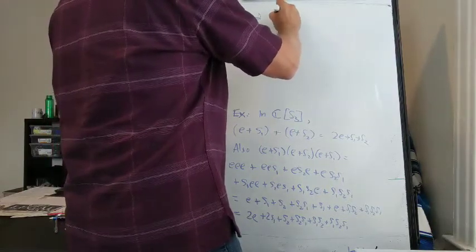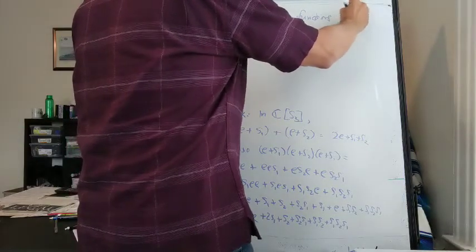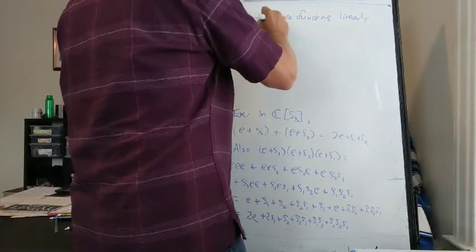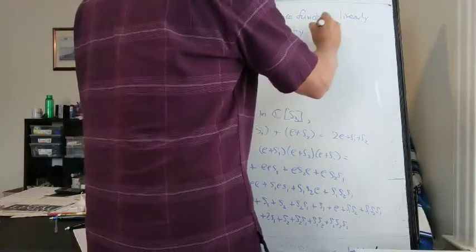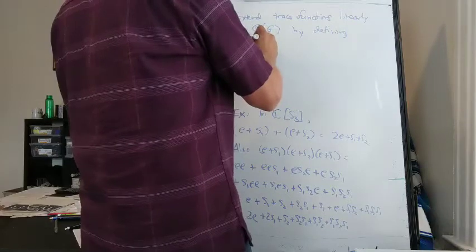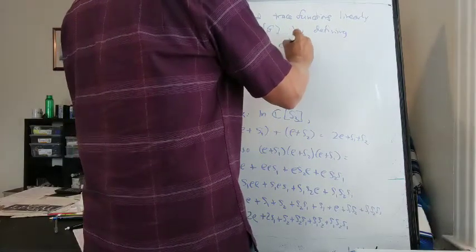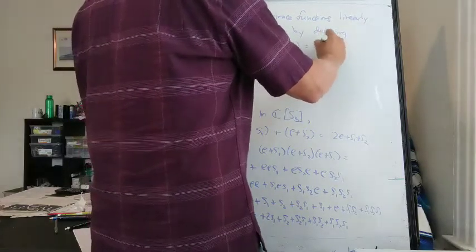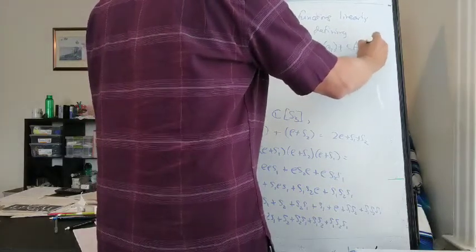Now we can extend trace functions linearly to the group algebra by defining, if we apply theta to G1 plus C times G2, then that's just theta of G1 plus C theta of G2.